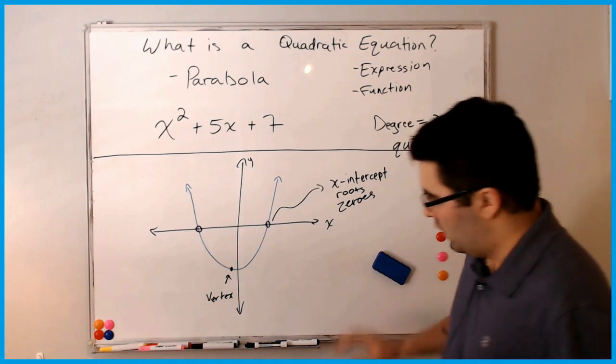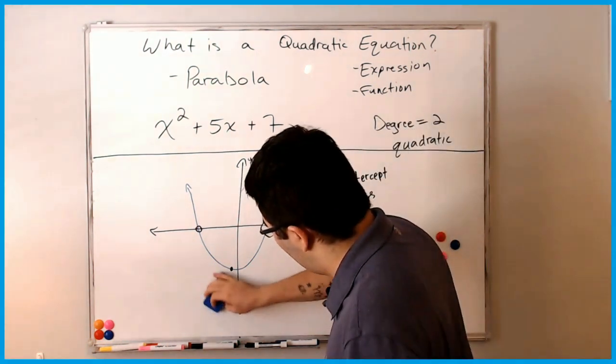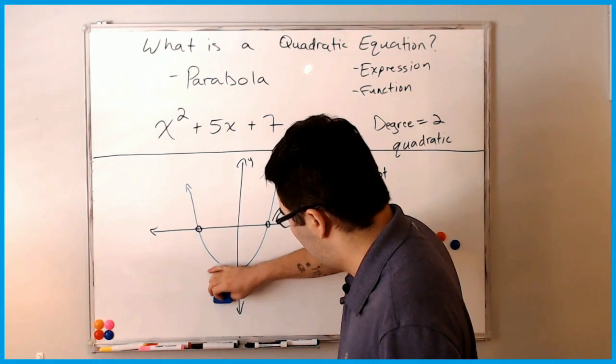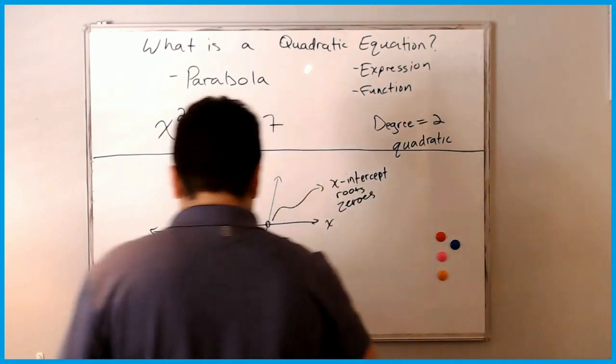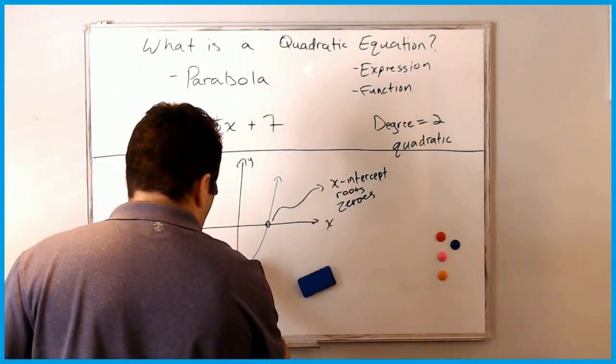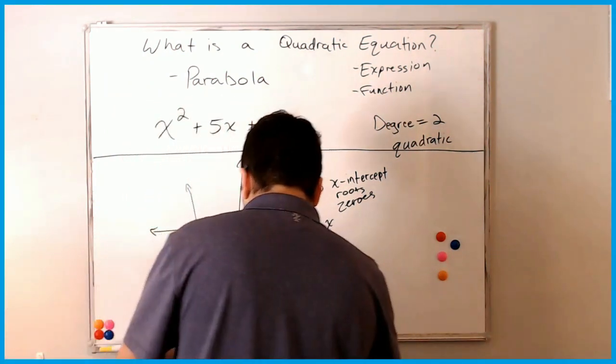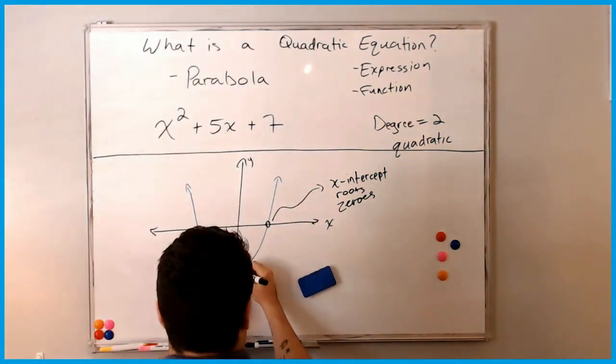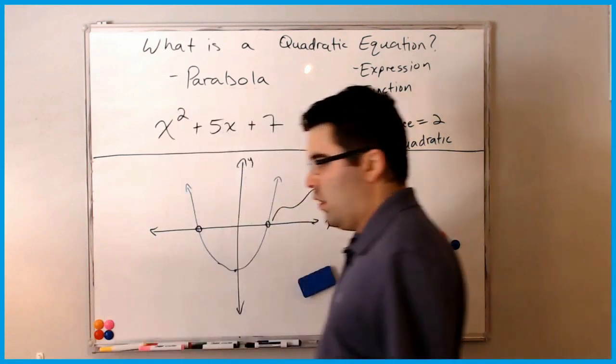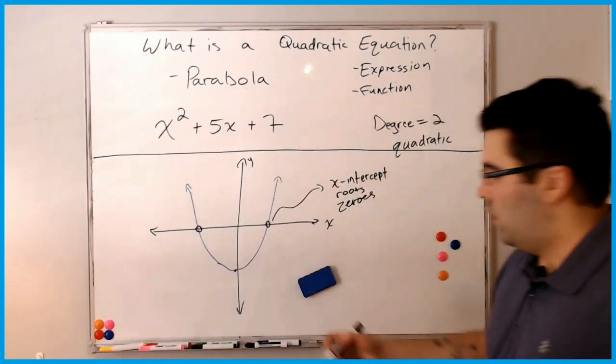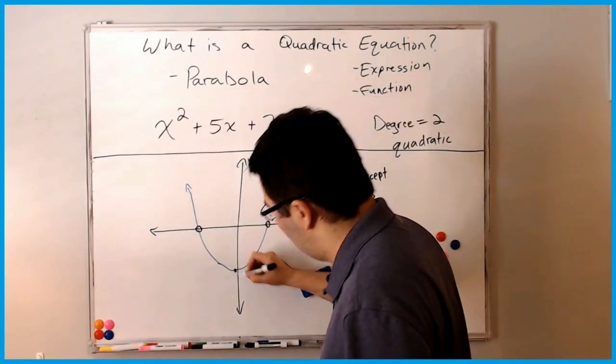In this case, and let me adjust this because that doesn't look right. So your vertex on this parabola should be somewhere kind of here, more like. So not quite on the y-axis, but next to it.